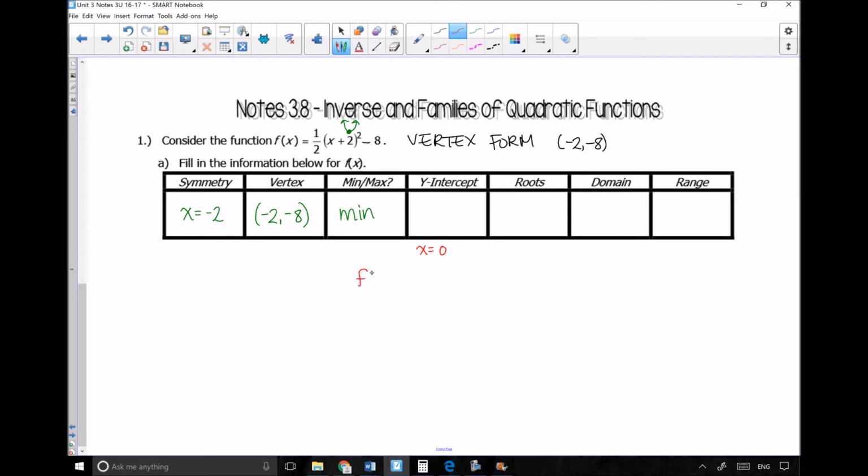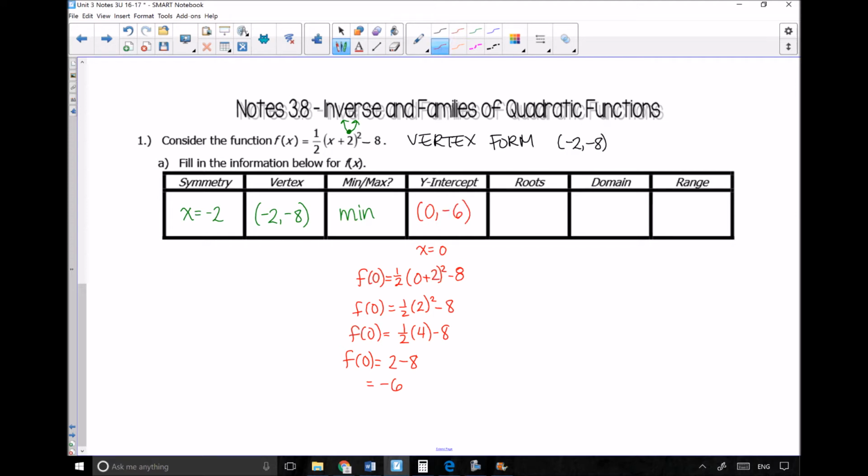So I'm going to figure out what f of 0 is going to be. f of 0 equals 1/2, plug in 0 for x, so 1/2 times (0 plus 2) squared minus 8. 0 plus 2 is 2, so I get 1/2 of 2 squared minus 8. So then I get f of 0 equals 1/2 times 4 minus 8. So f of 0 equals 2 minus 8, which is -6. So my y-intercept will be 0, -6.